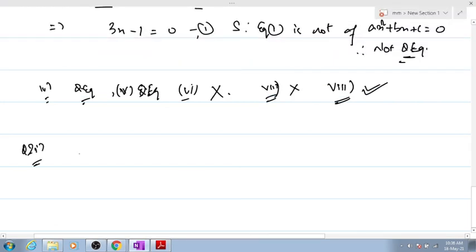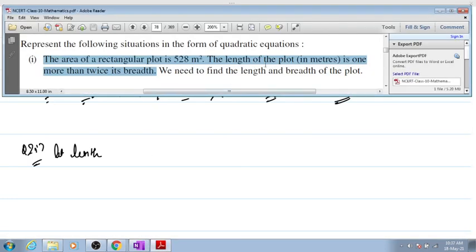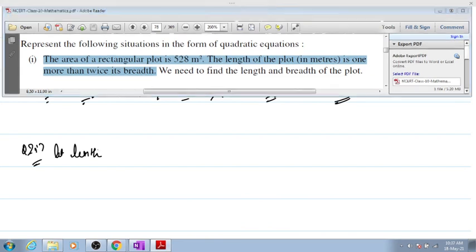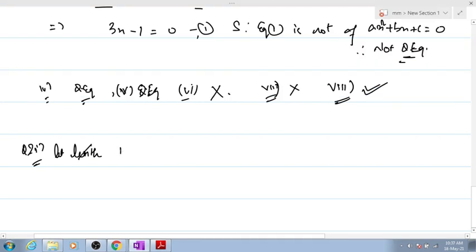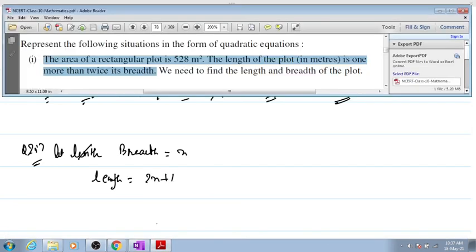So, we'll assume the breadth out here as x, therefore your length will become 1 more than twice its breadth, right?